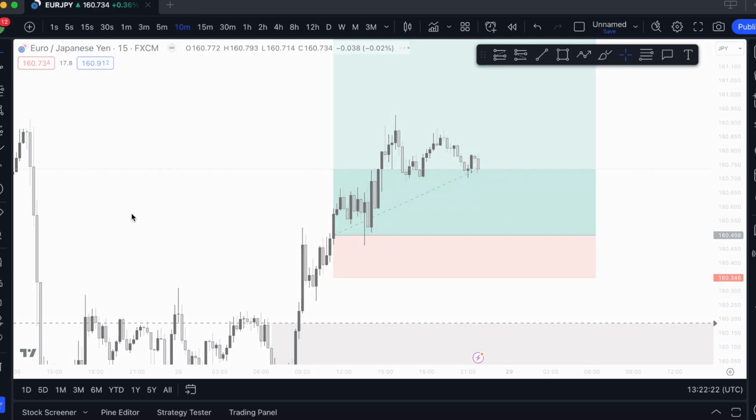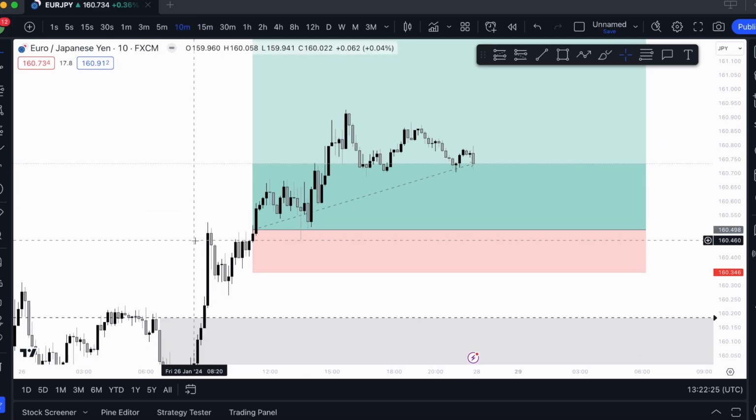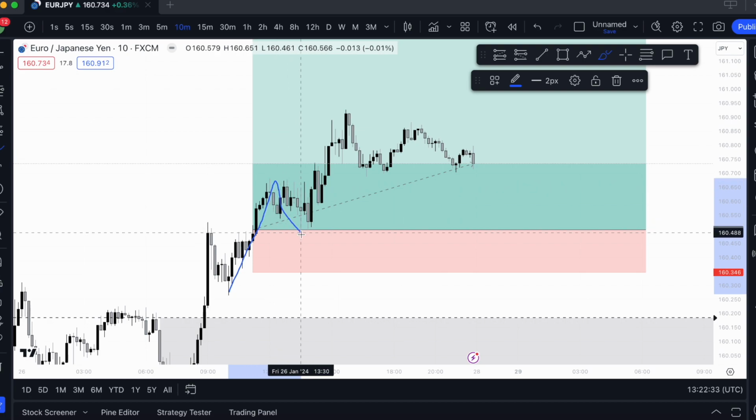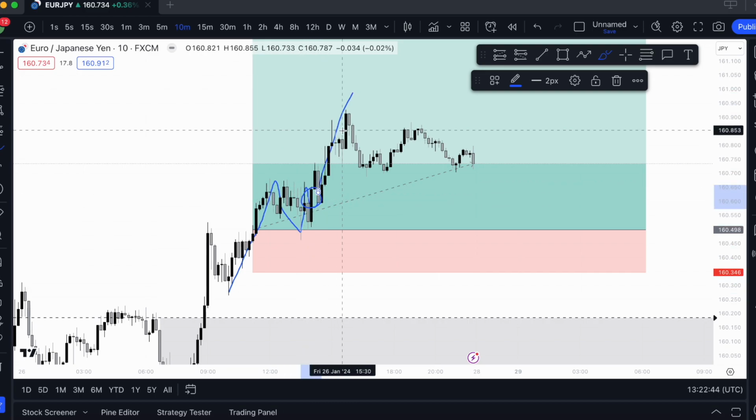If I come down to a 10-minute, just to break this down a bit more, we've had something similar: an impulse higher from here, the correction down to this level, and then impulse, correction, impulse, okay? So you've had the move up, the correction, a little bit of institutional control in this region before price is taken off.